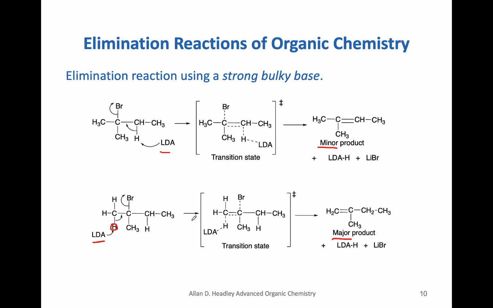Major product here is formed based on the use of a bulky base. Notice again, this is the least stable alkene because it's a 1, 2 disubstituted alkene, whereas this is a 1, 2, and 3 trisubstituted alkene. So here again, based on the reaction conditions, a bulky base versus a small base can give different products using the E2 mechanism.